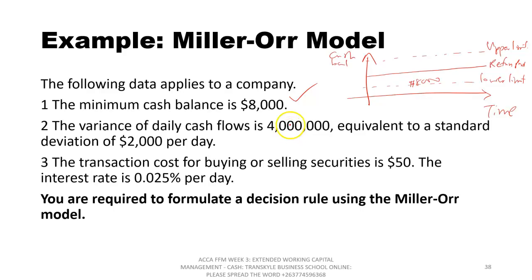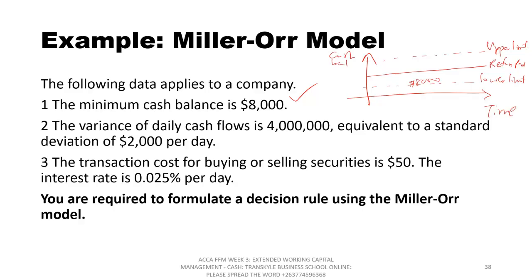The upper limit is only found by using the spread, because we were told that the distance between the upper and lower limit is the spread. So the first thing we need to do is to find out if in the question the spread was given, and I can safely see that the spread needs to be calculated. So let's compute the spread using the formula we were supplied by the examiner.